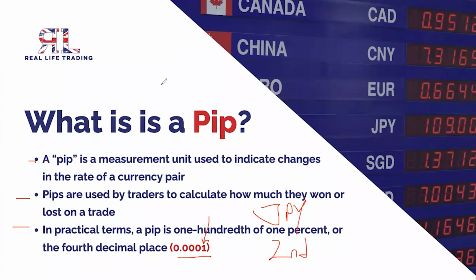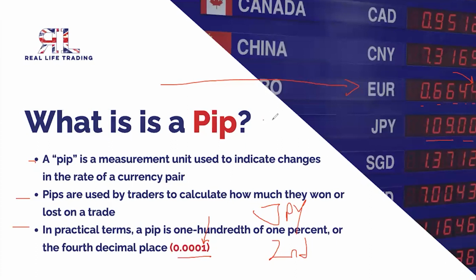And if you look over to your left of the screen, you can see the euro, it has 0.6644. So essentially the 4 here is your pip movement, and we're going to look at that. JPY, as you can see, is here, 109.00, and you can see that the decimal place is in an entirely different position.